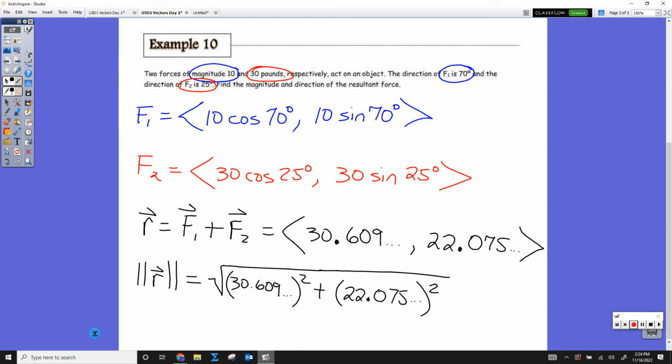And maybe you're going to get something approximately 37.739 pounds.